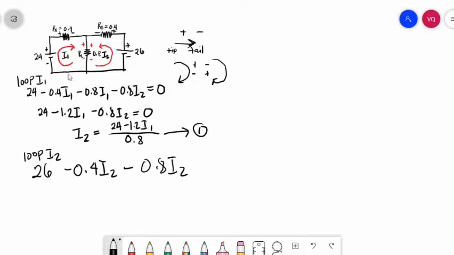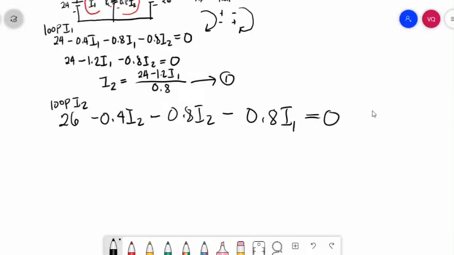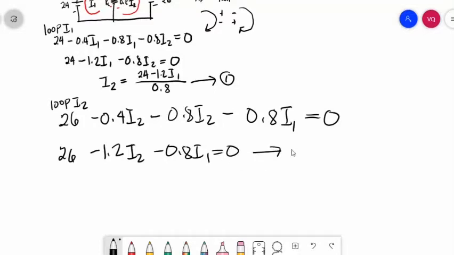And also, loop current I1 entered into the positive sign of RL, so minus 0.8 I1 is equal to 0. Simplifying the equation, 26 minus 1.2 I2 minus 0.8 I1 is equal to 0. This will be our equation 2.